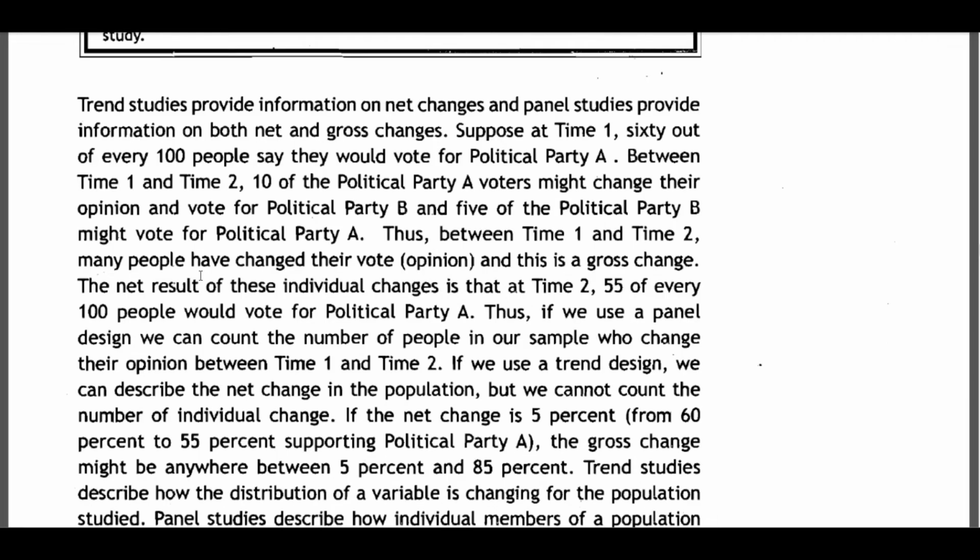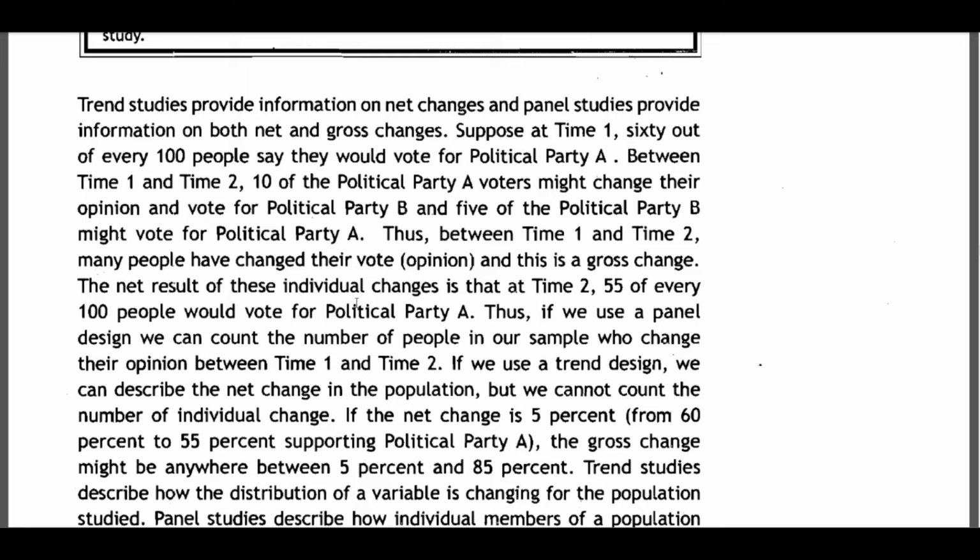So trend studies provide information on net changes, and panel studies provide information on both net and gross changes. Suppose at time 1, 60 out of every 100 people say that they would vote for political party A. Between time 1 and time 2, 10 of the political party A voters might change their opinion and vote for political party B, and 5 of the political party B voters might vote for political party A. Thus between time 1 and time 2, many people have changed their opinion, and this is a gross change.